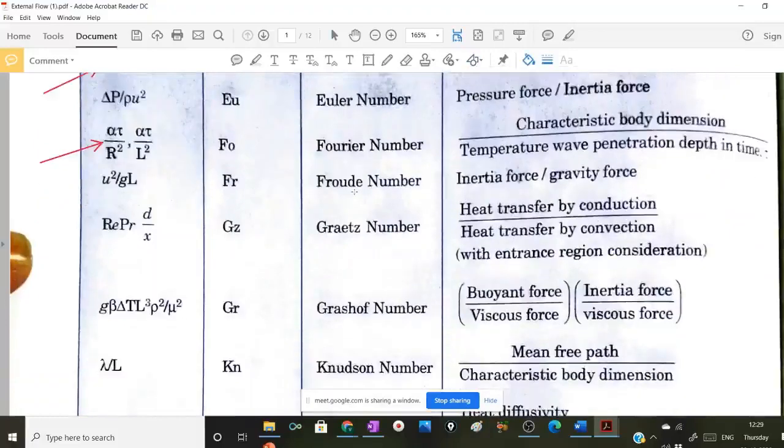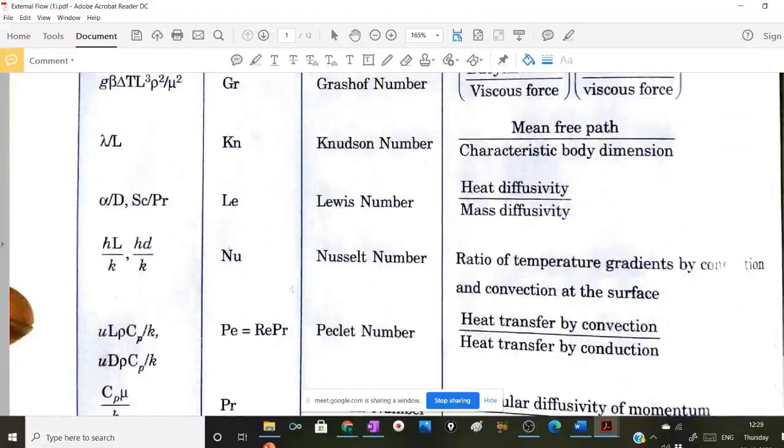Then the important dimensionless number is Nusselt number, hL by k or hD by k. hL by k is used when the fluid is flowing over a flat surface or plate of length L. And hD by k is taken as Nusselt number where a fluid is flowing through a pipe of diameter D. Okay. In general, the formula of Nusselt number is this actually.